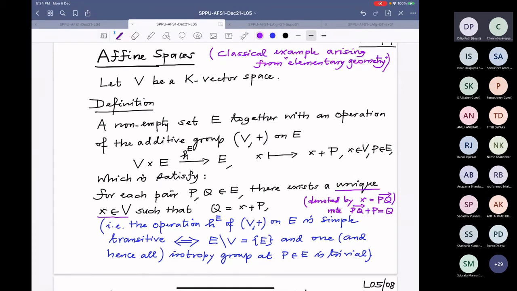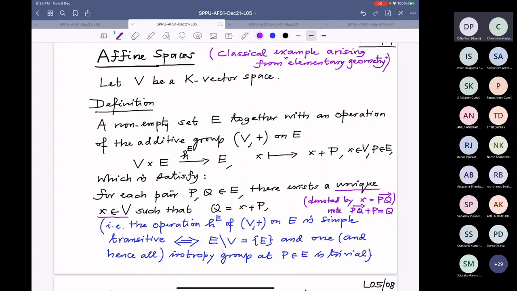That is because it is simply transitive. This is very important: in an affine G-space, all isotropies are trivial, and there is only one orbit. The orbit space is a singleton. Non-empty is of course part of the transitive definition.